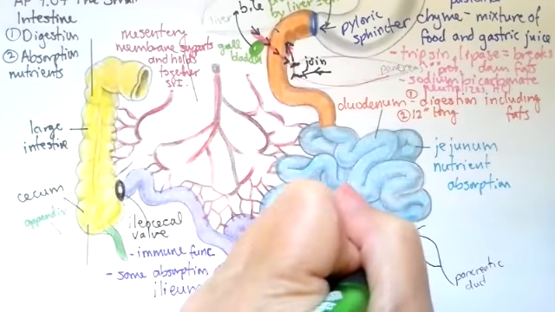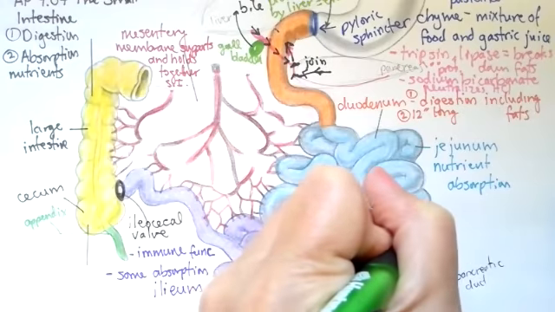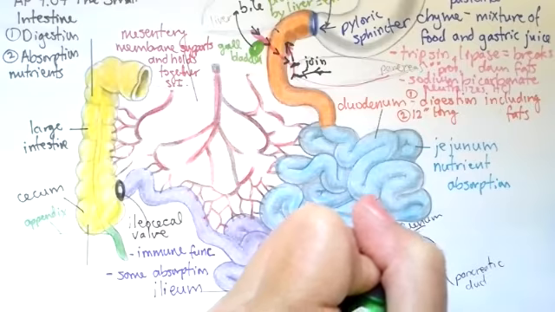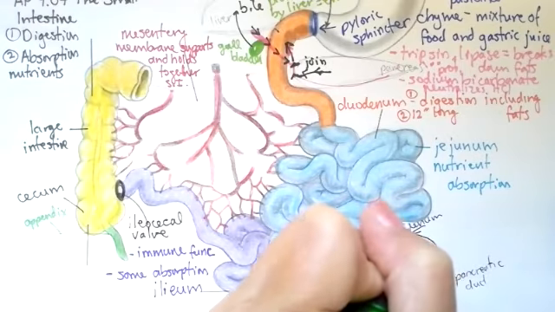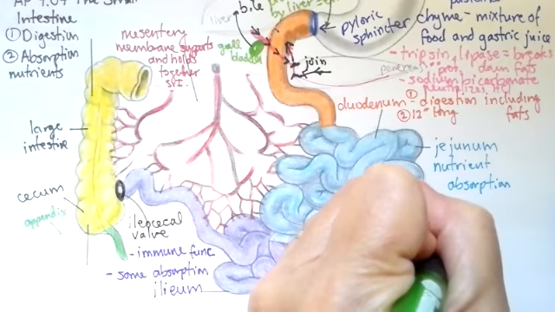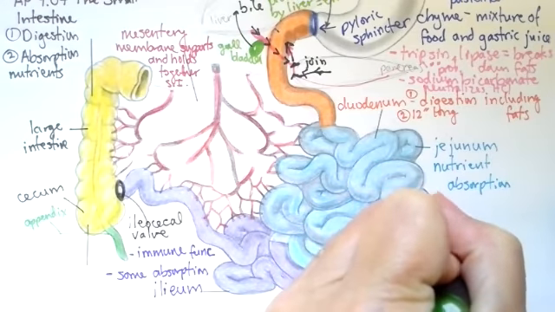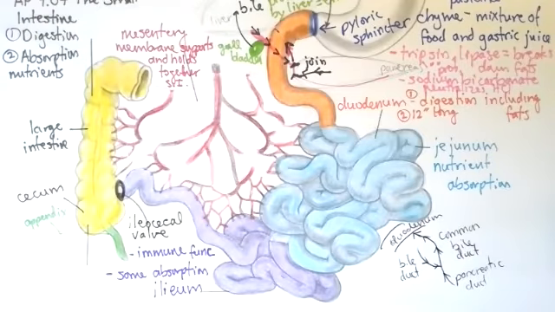And if this is the duodenum, the bile duct flows into the pancreatic duct. They meet and they form what's called the common bile duct. So I tried to draw that up here. I don't know that it really translated.